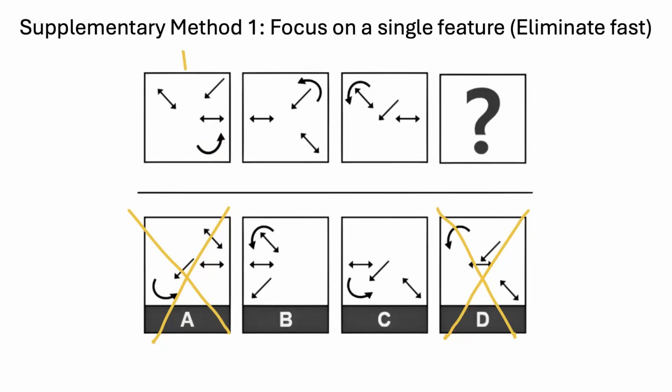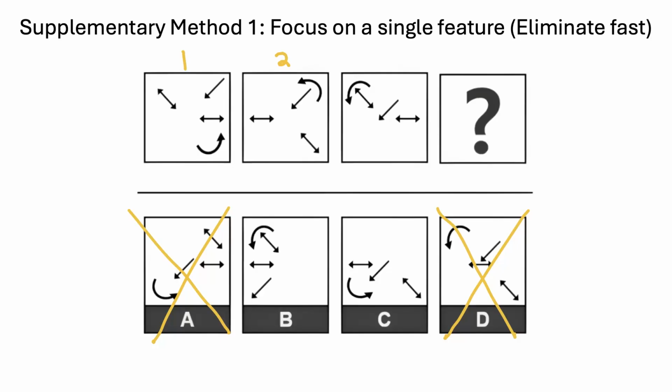This is frame 1. Then looking from frame 1 to frame 2, we see that the curved arrow has now translated to the next corner in the counterclockwise direction. So it's rotated within the frame by 90 degrees counterclockwise, and the actual arrow itself has rotated 90 degrees counterclockwise. So instead of pointing up, we see it pointing to the left.